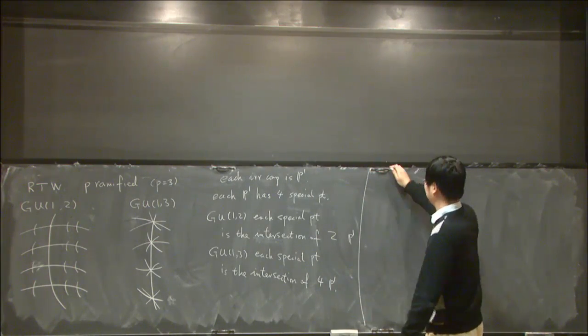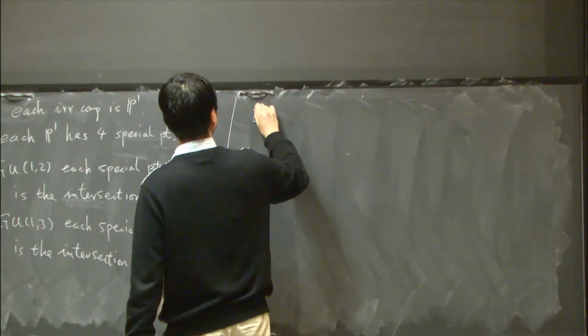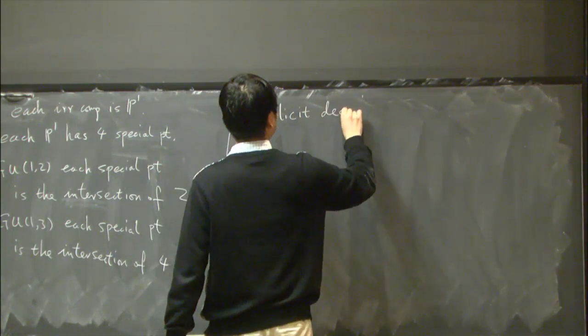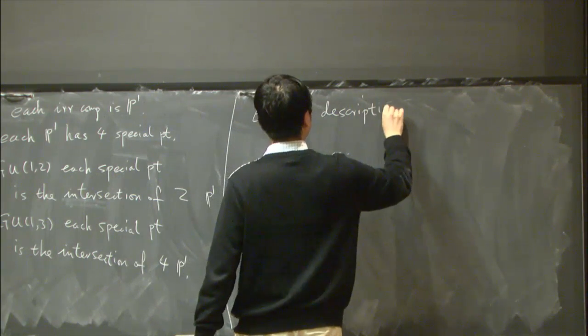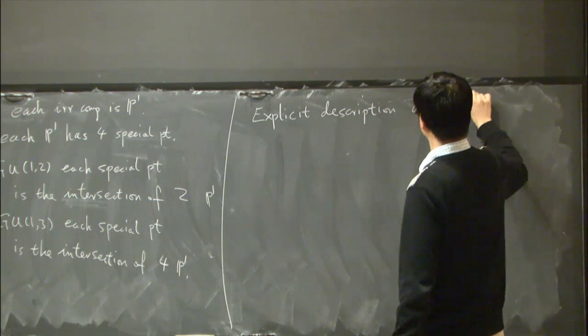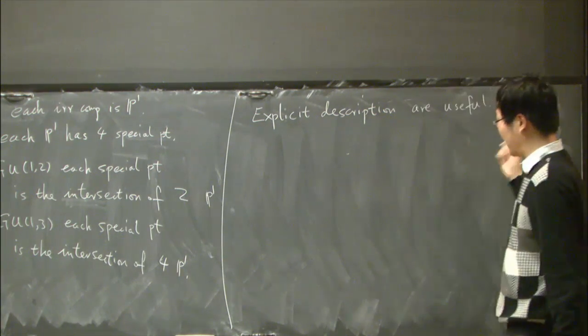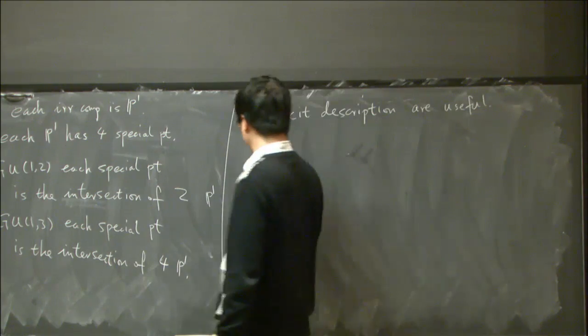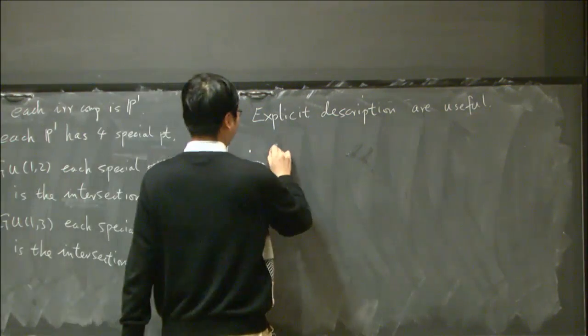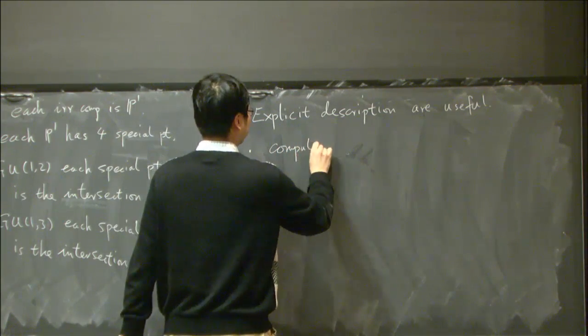The reason is that this explicit description is useful. People have actually found applications already in various situations, for example, to compute the intersection number.